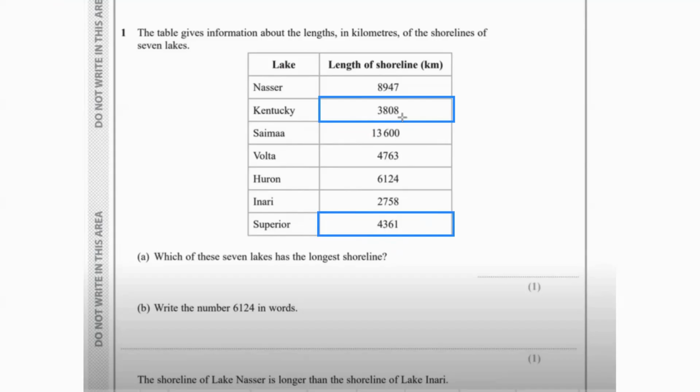It's 5 and above. Whenever the number is 5 and above, you round up. So 3,808 is closer to 4,000 than 3,000. And similarly, 4,361, now the hundreds place is 3, which is less than 5, which means we will round down. So 4,361 is closer to 4,000 as compared to 5,000.